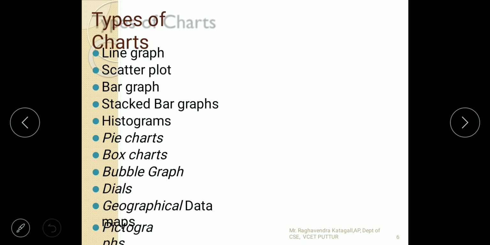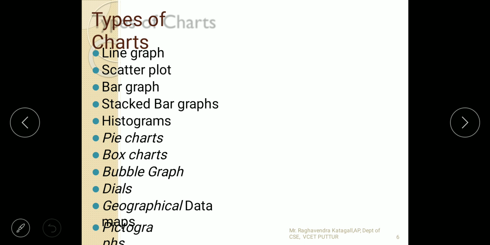Then another example is box charts. These are special forms of charts to show the distribution of variables. Then bubble graph, this is an interesting way of displaying multiple dimensions in one chart. Then you have something called dials. Dials are charts like the speed dial in a car that shows whether the variable value is in the low range, medium range or high range.